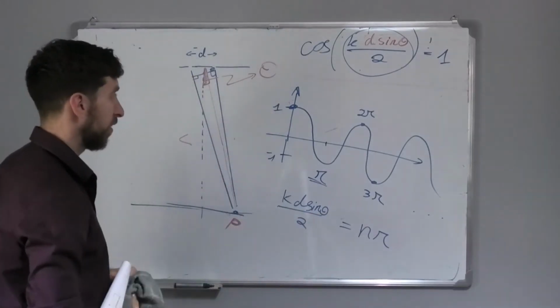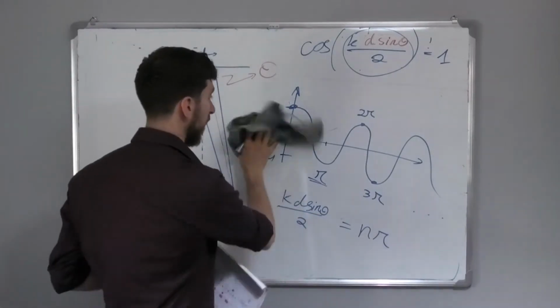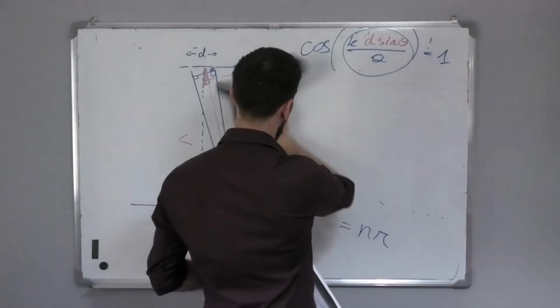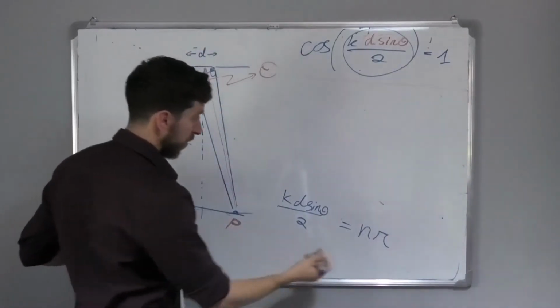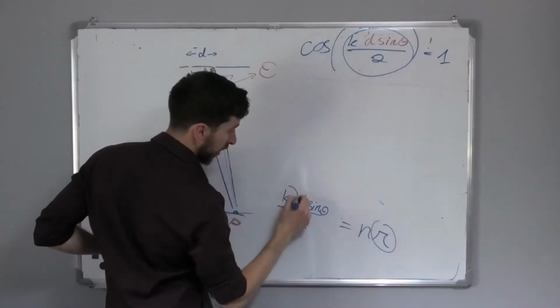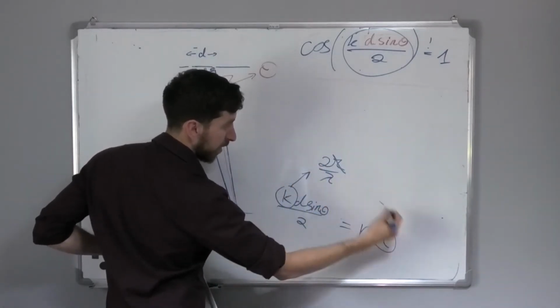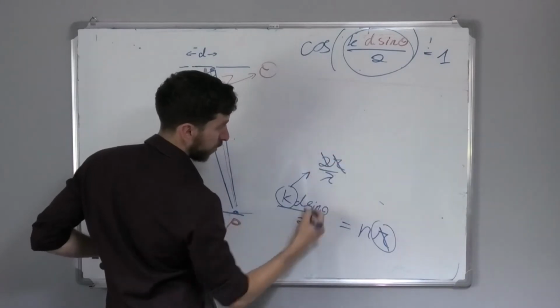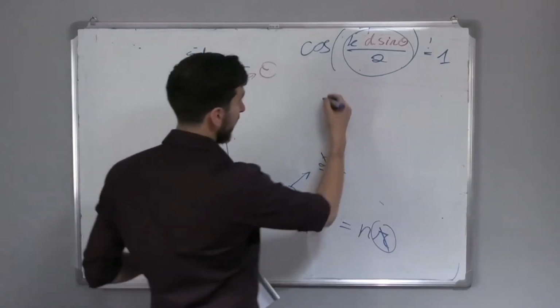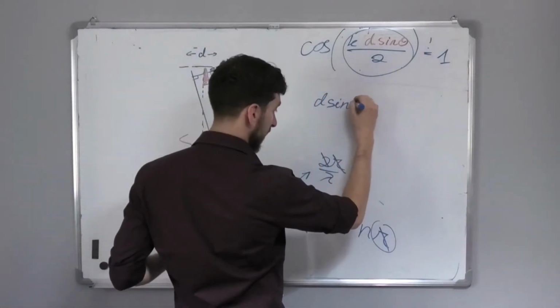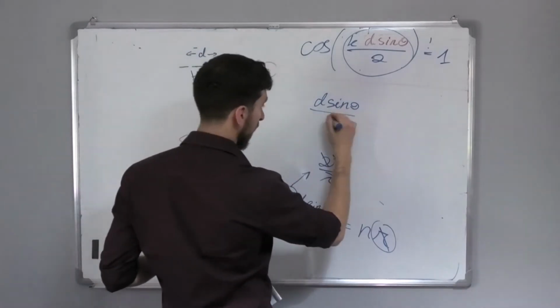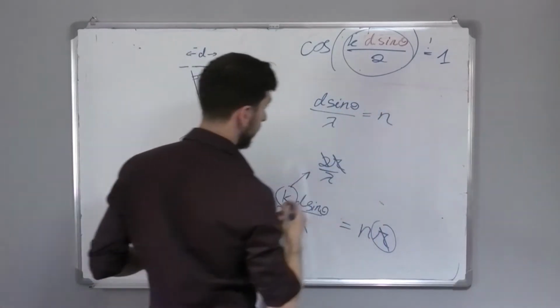That's what I need to be 1 or minus 1. Perfect. I don't like this pi here, so I can put 2 pi over lambda instead of k, and this one kills this one, and these two die with these two, and I get d sine theta divided by lambda equal to n.